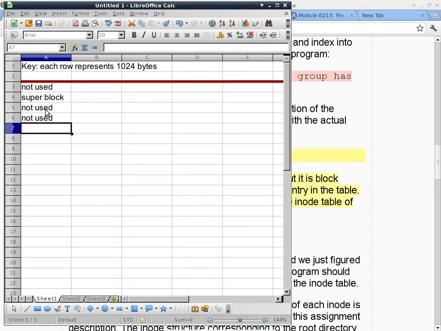Right. On the other hand, if you need to be able to address your blocks in however many bits you're using for, I think it's in your inode table. Mm-hmm. And so, if you have a 2 terabyte drive and you have 1 kilobyte blocks, you're going to need a pretty big inode table to be able to hold that.